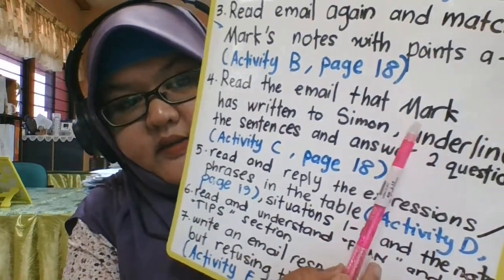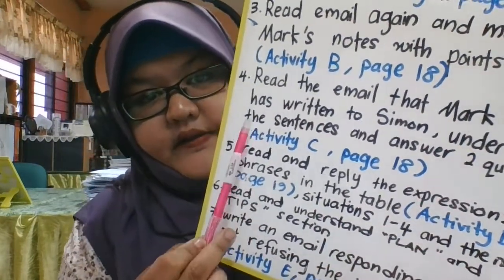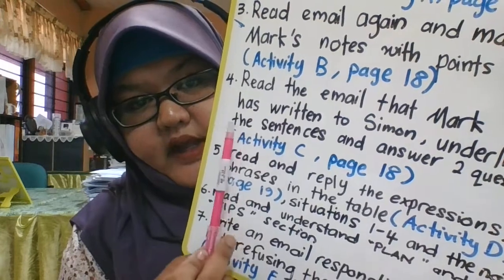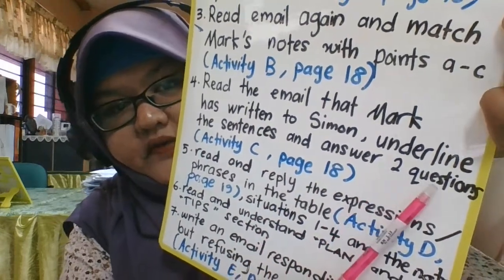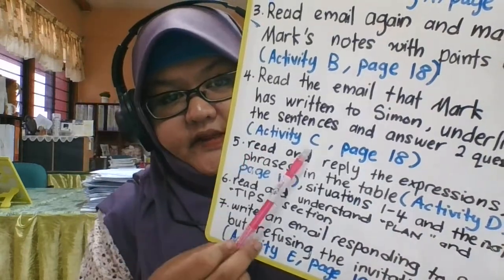Underline the sentences and answer 2 questions. This is activity C, page 18. Where is it? Okay, the activity C.